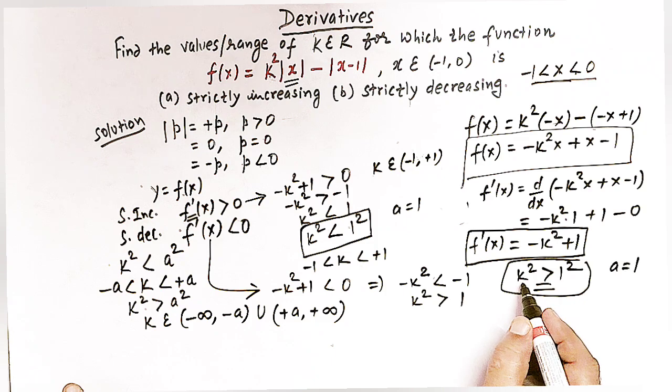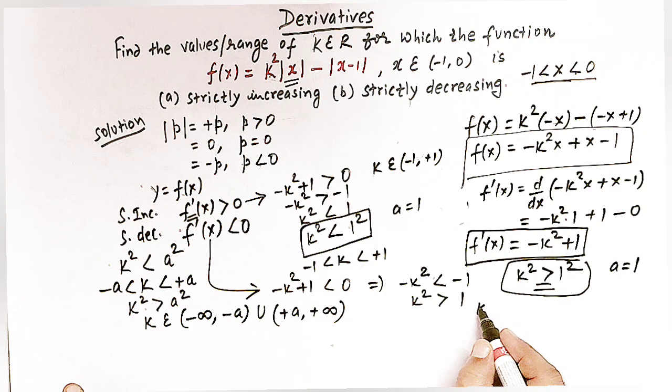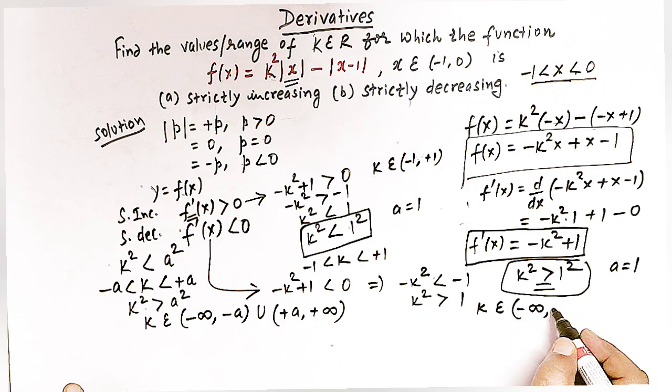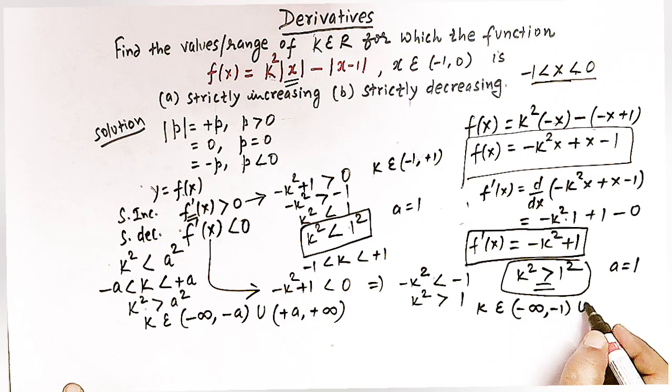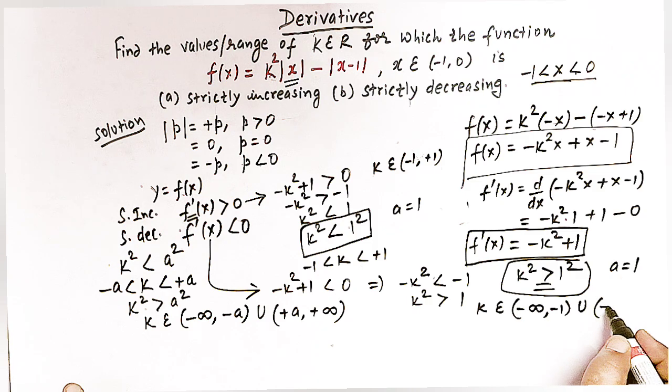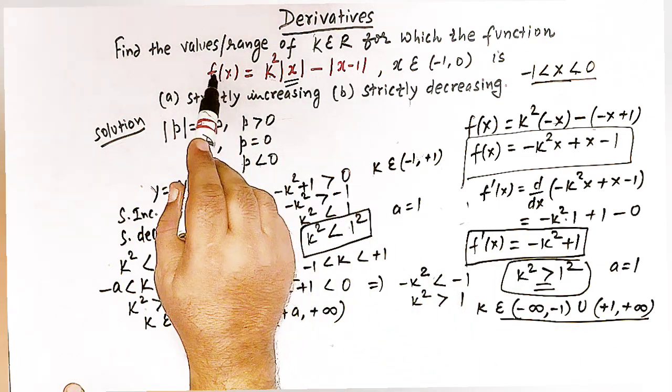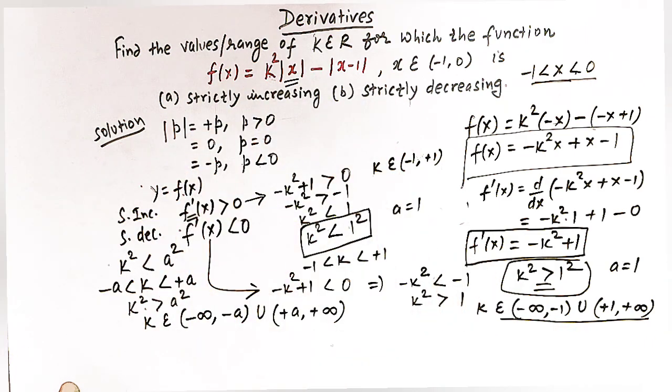So the solution of this inequality is k belonging to the interval minus infinity to minus 1 union plus 1 to plus infinity. So this is the required interval in which this function f of x is strictly decreasing.